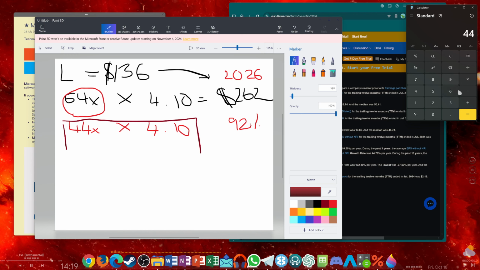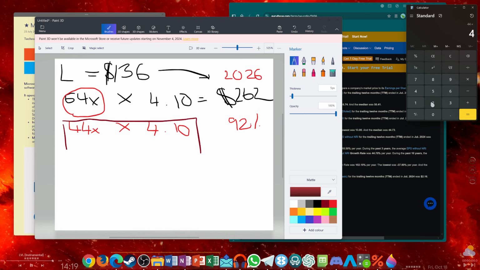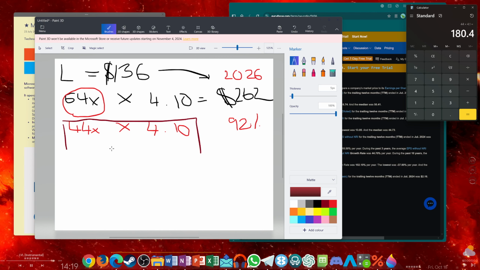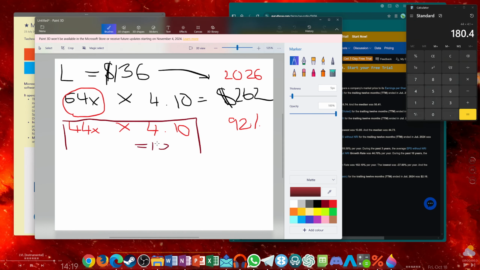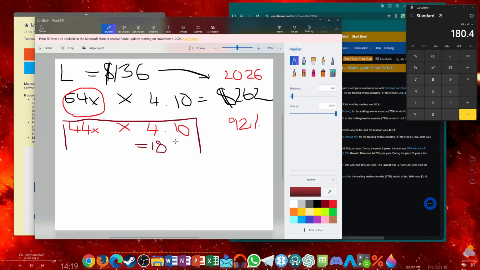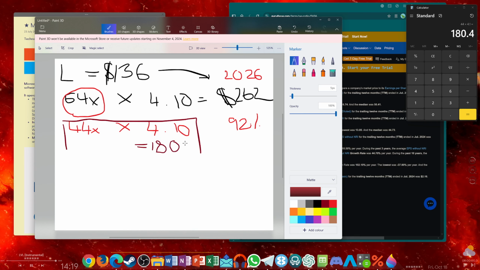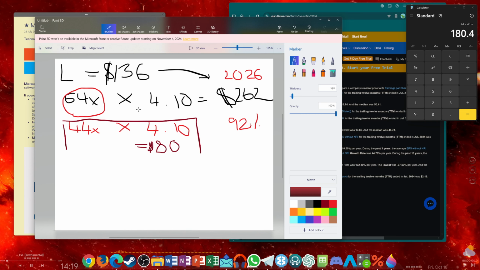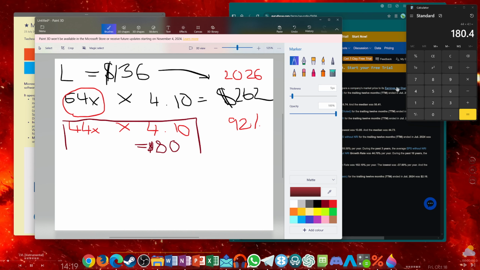So 44 times 4.10, the price would only be 180 with a conservative PE ratio. Well, not that it doesn't grow insanely, but if the market prices them that way, it would only be 180.